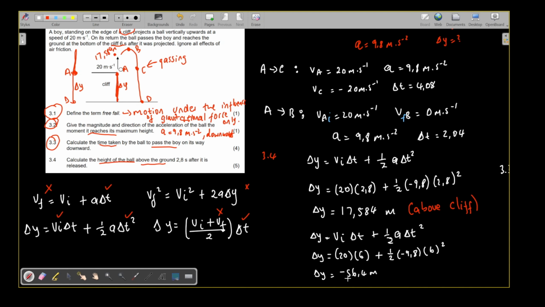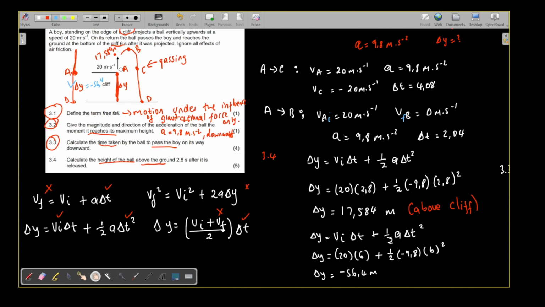Good people, why is it negative? Remember, down is negative. From A to D, it was going down. That's why here we get negative 56.4. The negative just means it was going down, but the height from A to D is 56.4. That is the height of the cliff.